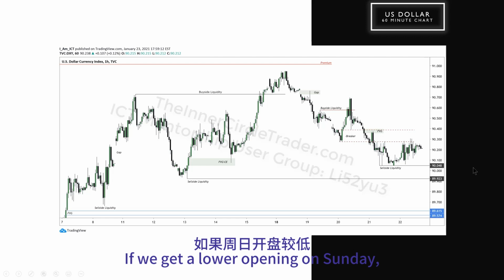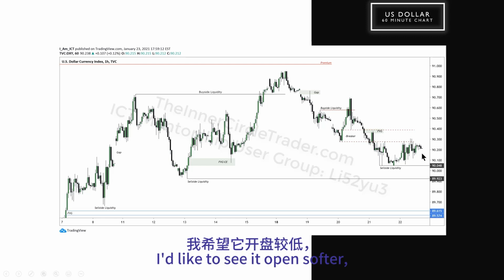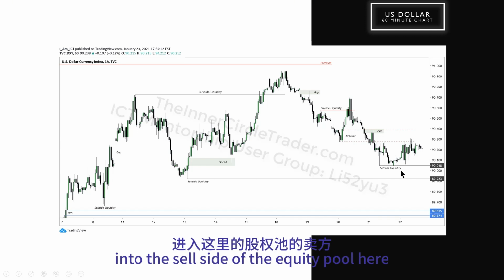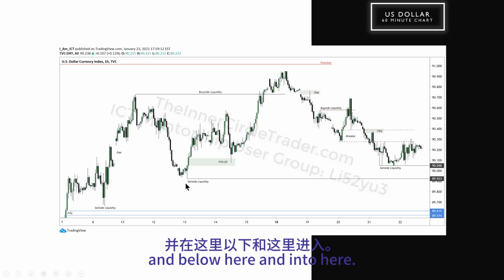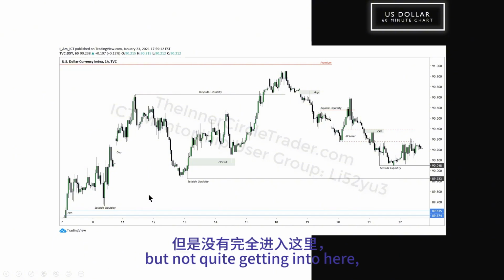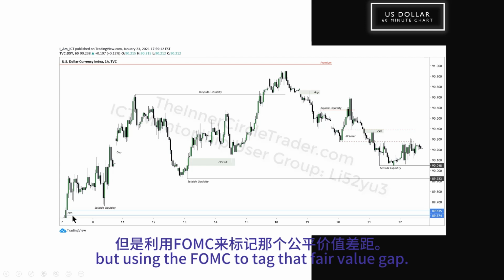If we get a lower opening on Sunday, I'd like to see it open softer, trade up and fill in the gap, and then start to work into the sell side liquidity pool here and below here and into here. And I'd like to see it happen going into FOMC, but not quite getting into here, but using the FOMC to tag that fair value gap.